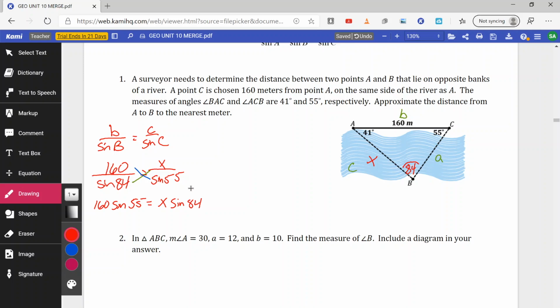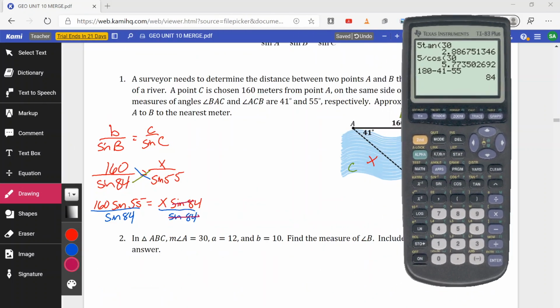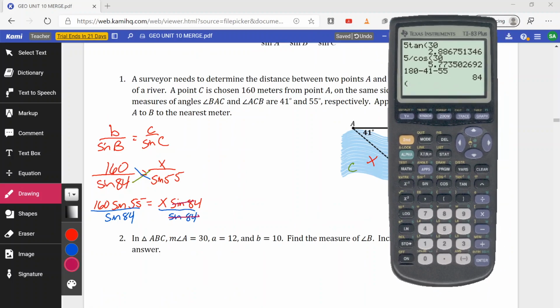So what we need to do now is to get x by its lonesome. So anytime we're multiplying things, we need to divide. So we're going to divide by the sine of 84. So that will cancel out the sine of 84. And then with our calculator, what we want to do is we have 160 times the sine of 55.